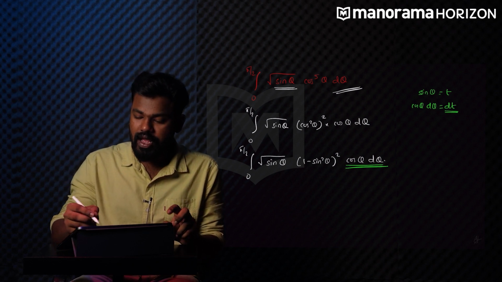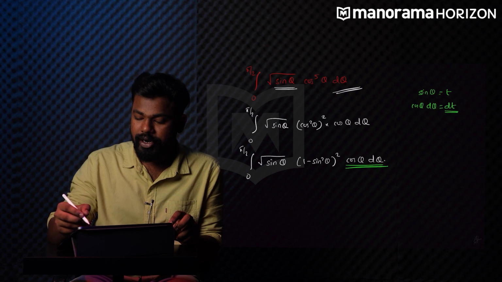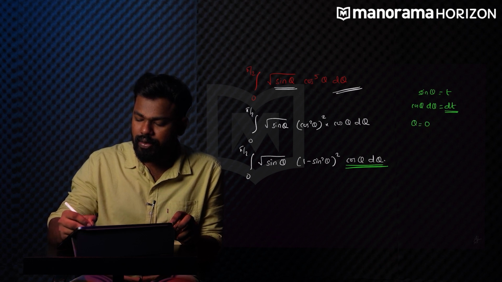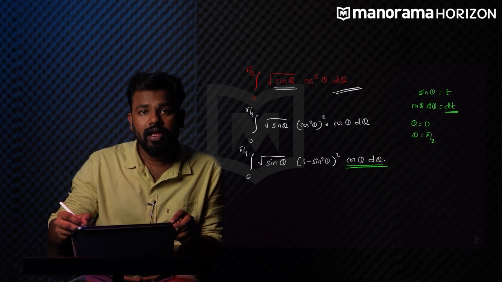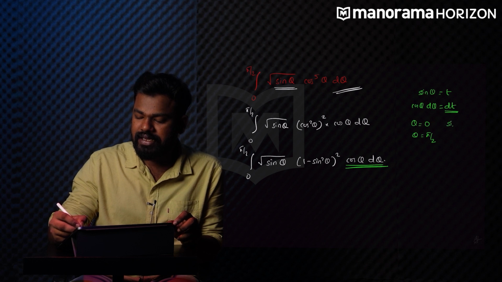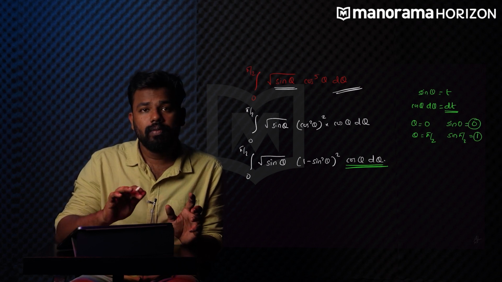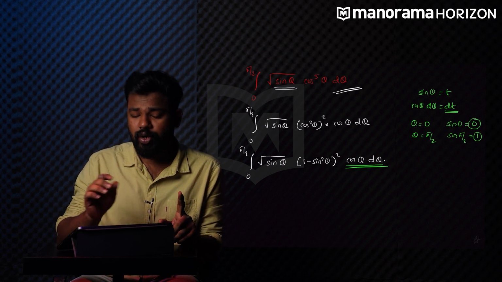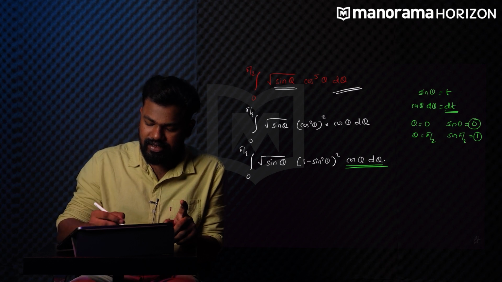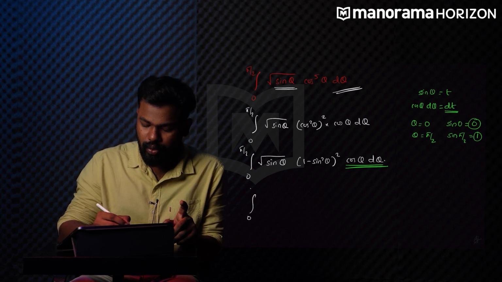So don't forget that. You have 0 to pi by 2, so theta is taking 0 and theta is taking pi by 2. When you take like that, you get sine 0 which is equal to 0 and sine pi by 2 which is equal to 1. So the new lower and upper limits are 0 and 1.